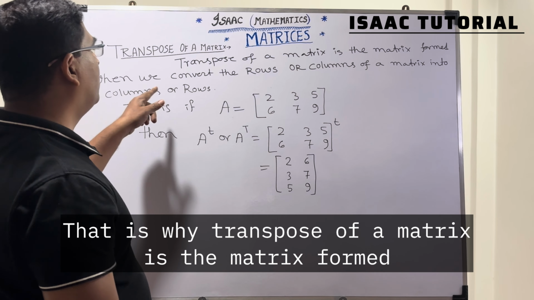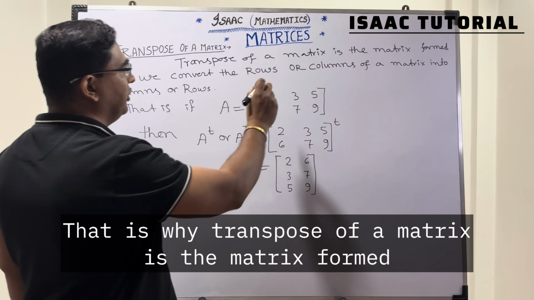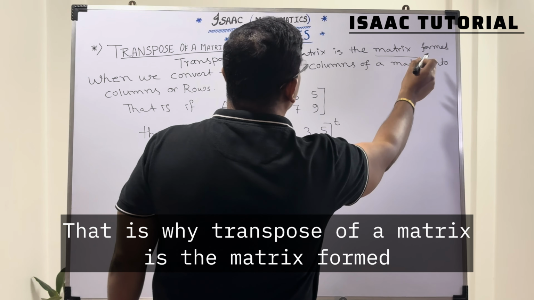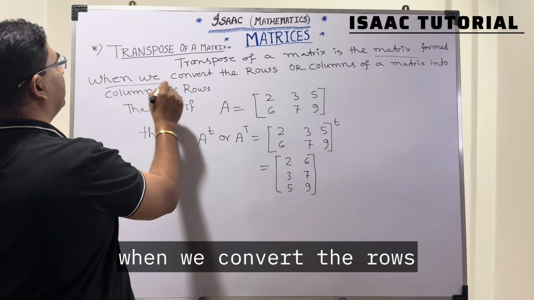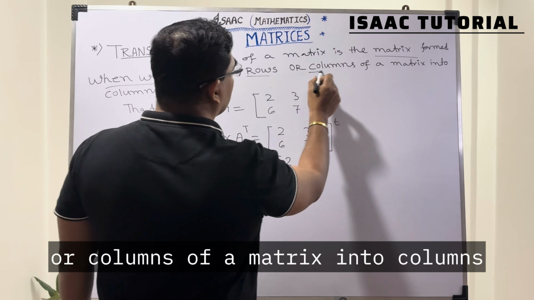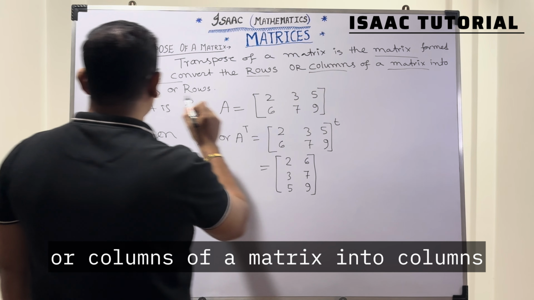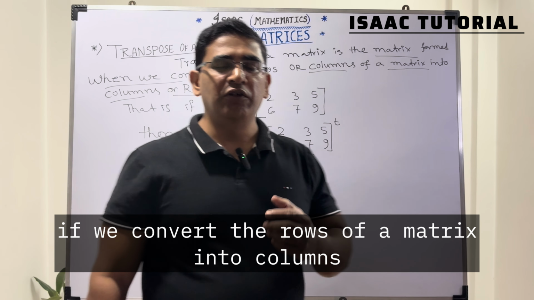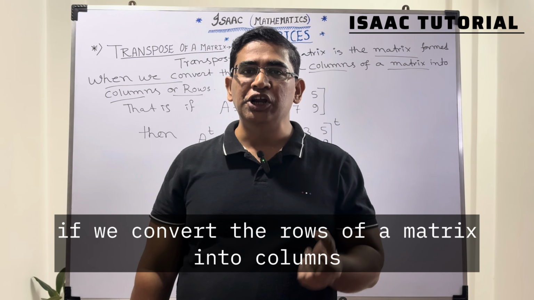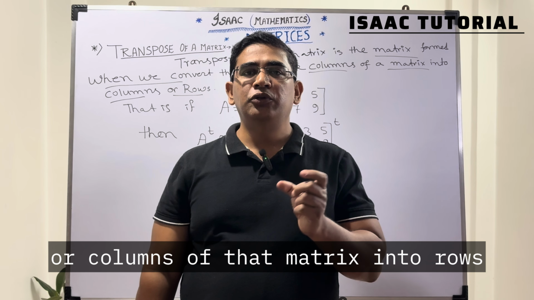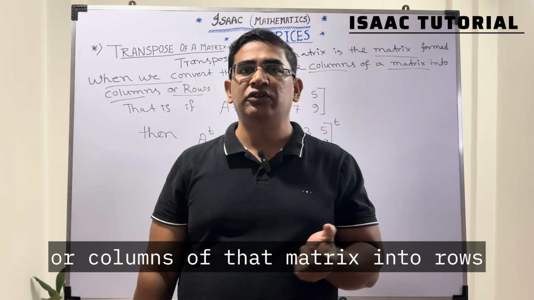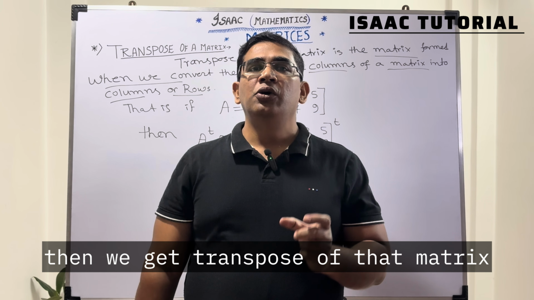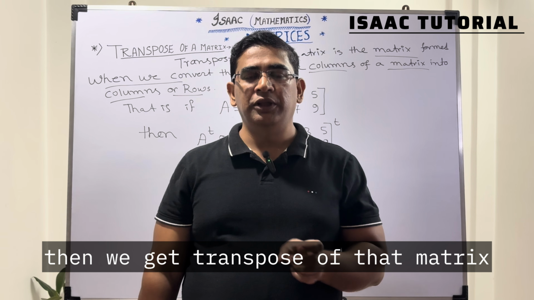That is why transpose of a matrix is the matrix formed when we convert the rows or columns of a matrix into columns or rows. That means if we convert the rows of a matrix into columns or columns of that matrix into rows, then we get transpose of that matrix.